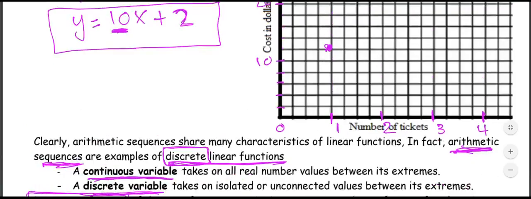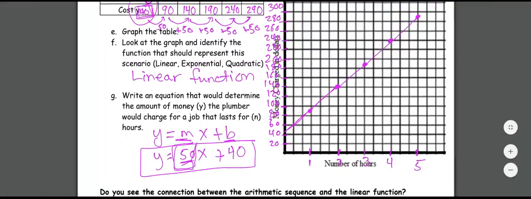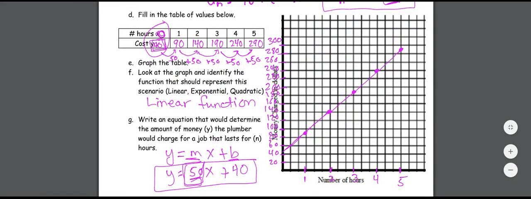So if you look back at the first example, the x values are the number of hours, and the y values are the money in dollars. So since we're talking about time for the x axis, time is continuous.